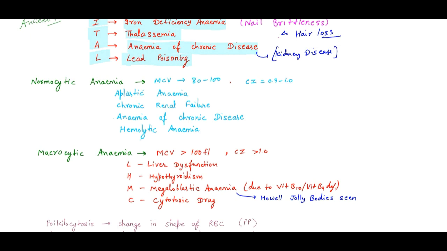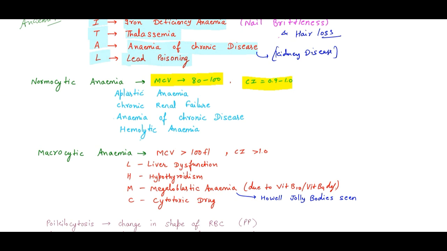Then we have the second type, normocytic anemia. In normocytic anemia, MCV is 80 to 100. And what is the color index for that? 0.9 to 1.0, a normal color index. The name suggests it: normo means normal. It includes aplastic anemia.